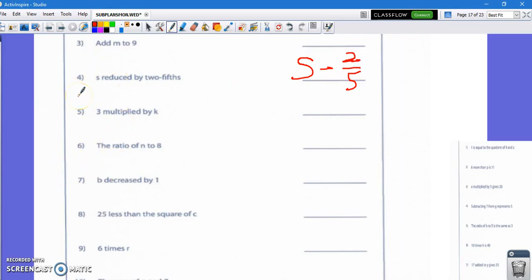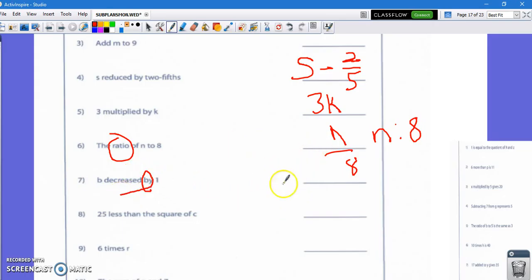Next one, 3 multiplied by k. Easy enough. 3k. The ratio. What does ratio mean? Division. Of n to 8. N to 8. B decreased by 1. That means you're decreased by.